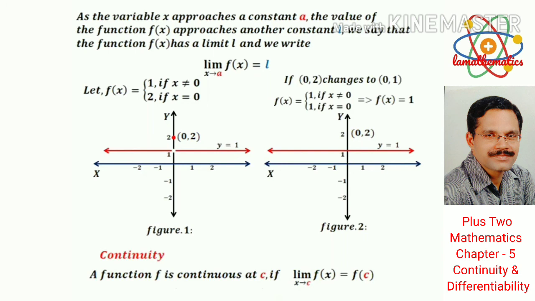In other words, a function f is said to be continuous at c if, first condition, limit x tends to c minus, f of x exists. Second, limit x tends to c plus, f of x exists. Third condition, f of c exists. All the above three quantities are the same. Then we can say that the function is continuous at x equal to c.